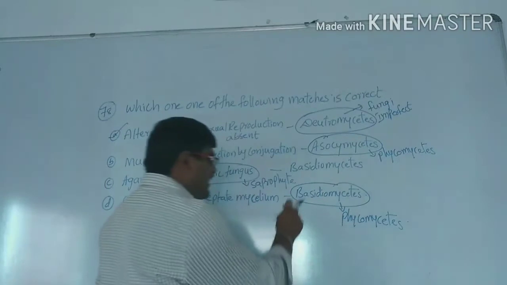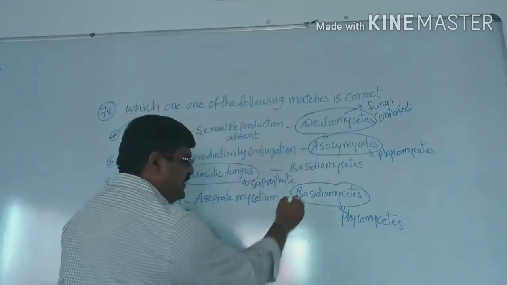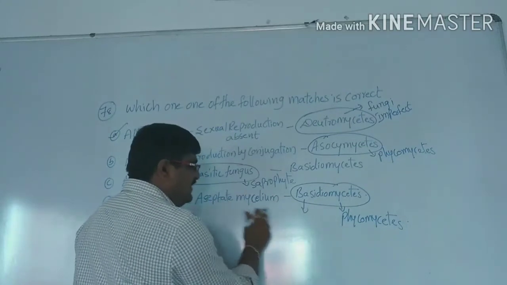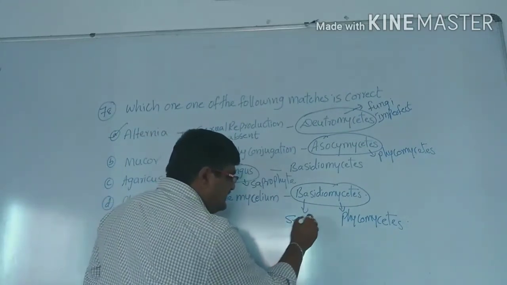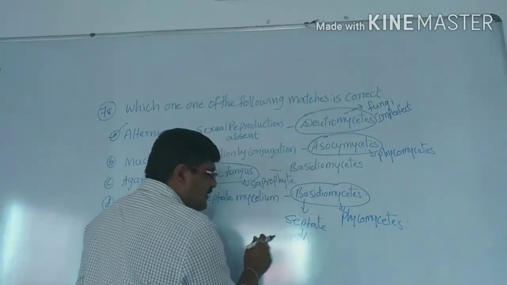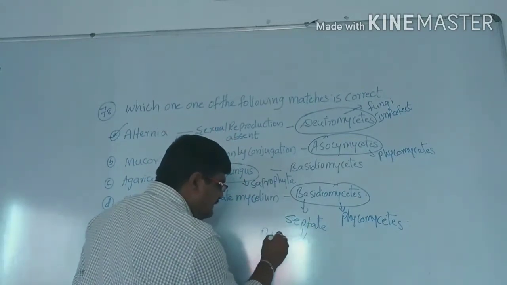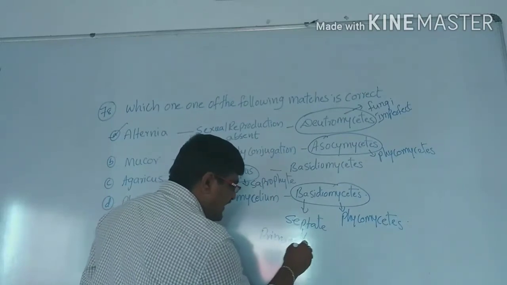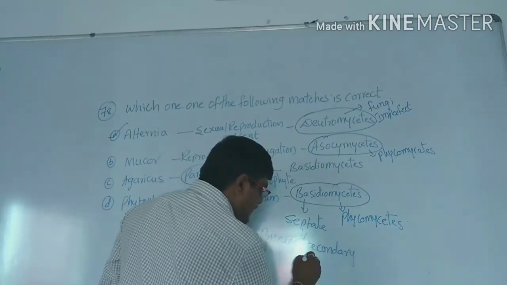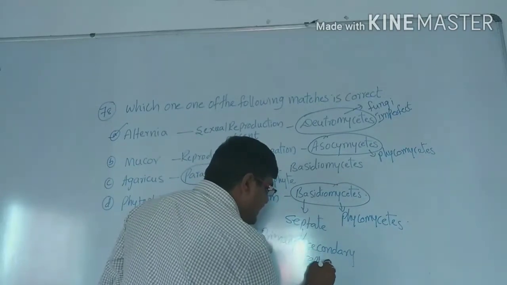In Basidiomycetes it is not aseptate. Here it shows septate, and the septate mycelium shows two types, the primary and the secondary septate.